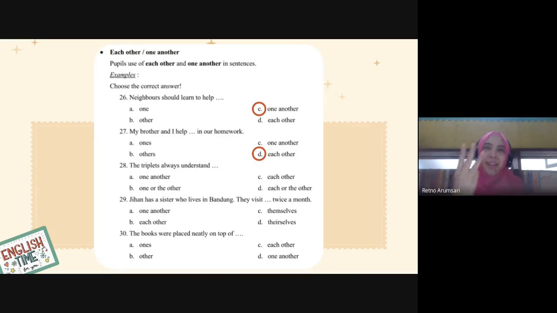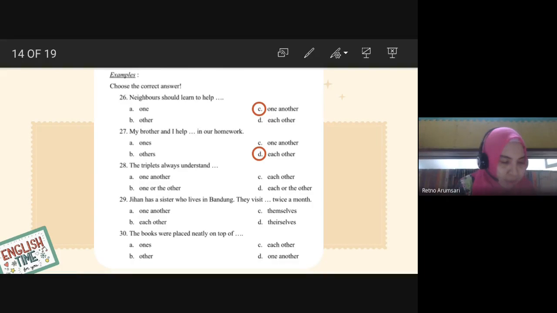If it's twins, it means that there are two. If it's quadruplets, it means that there are four. What about quintuplets? Five. Twins, triplets, quadruplets, quintuplets. Okay, thank you, Rifat.